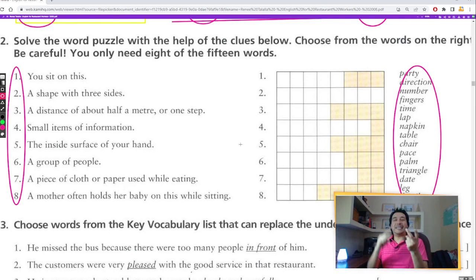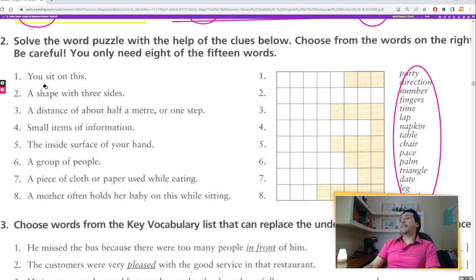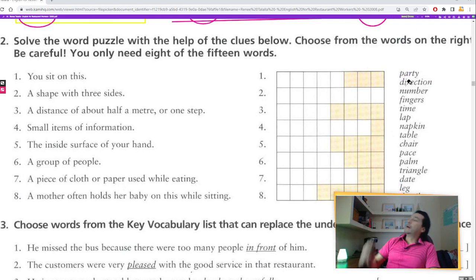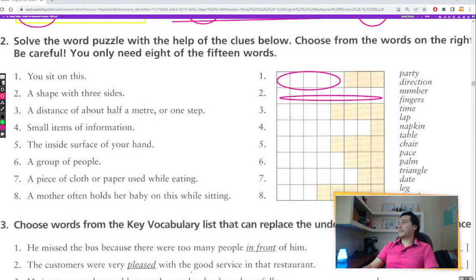Nouns are places, objects, people, ideas, or concepts. We have the definition and we have the words right here. And we also have the puzzle. The puzzle has the number of letters. So make sure you have the correct number of letters.